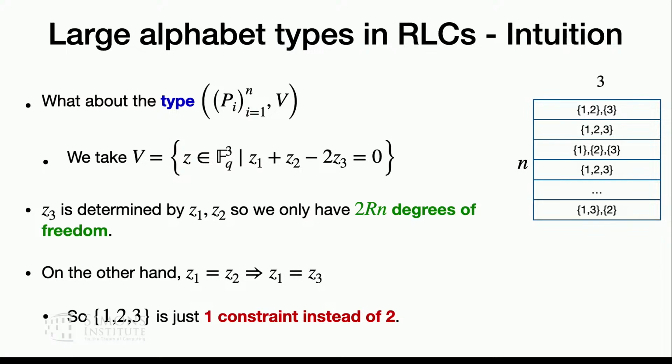That depends on the structure of this list. If there are many constraints that look like this, 1, 2, 3, then the number of constraints goes down considerably, possibly more than the degrees that we lost. So the degree of this type can be larger than the degree of the type without this imposition, and it can be smaller. Both are possible.